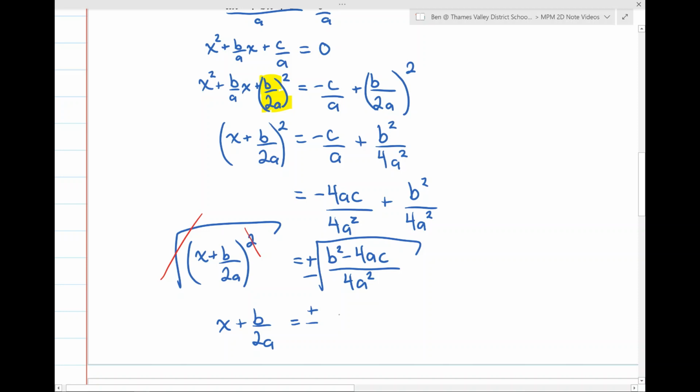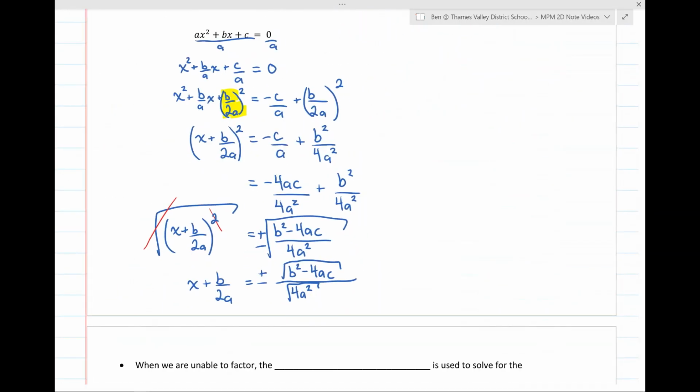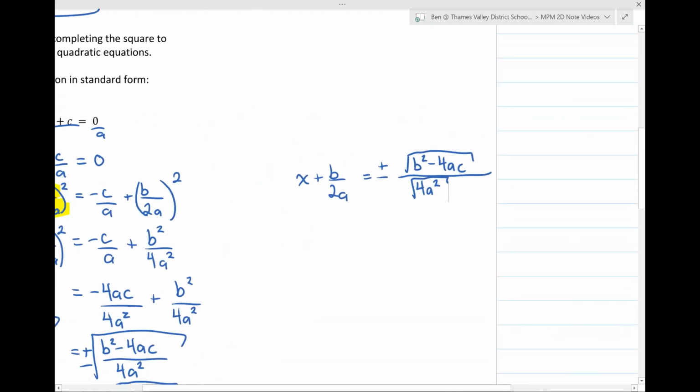I'm going to rewrite that so it's happening to the numerator. That's b squared minus 4ac, all under the square root, divided by 4a squared that's also underneath its own square root. Okay, we'll copy that over just so we can see exactly where we're working, as I've run out of space.